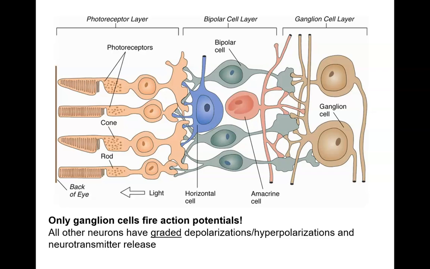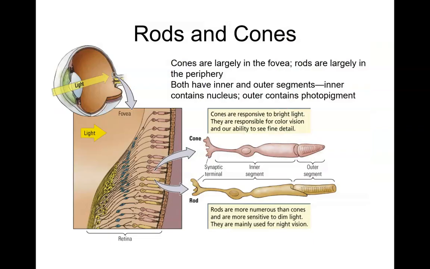Now, each particular type of cell in these 3 layers of retina is going to be responsible for a different phase of that sensory transduction. So as a reminder, transduction is basically the process of taking physical stimulus energy, in the case of vision, we're talking about light, and basically turning that into an electrical signal that the brain can actually use. So let's start by talking about our rods and cones, our photoreceptors.